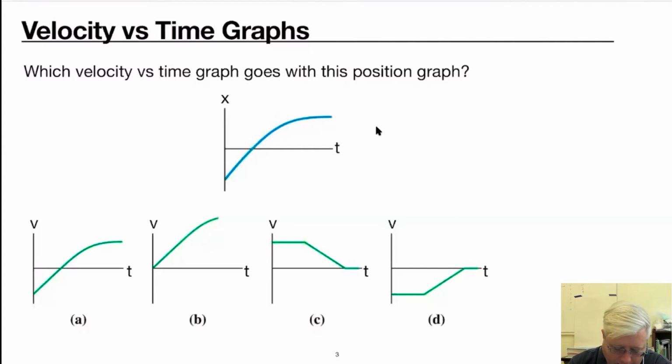And then we see it curves down to basically a flat line. So at the end, it's at rest. And in the portion in between, it's slowing down.